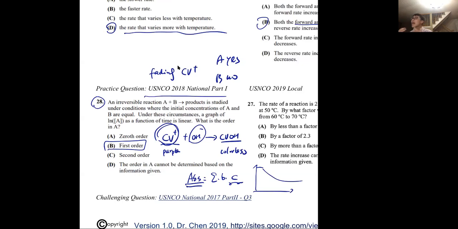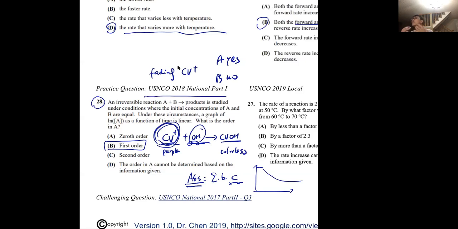So the lab wants you to measure the order for both the CV plus and the hydroxide. How can you work on the order of the CV plus? First, you will compare two different concentrations of CV plus, but you will keep the hydroxide constant.